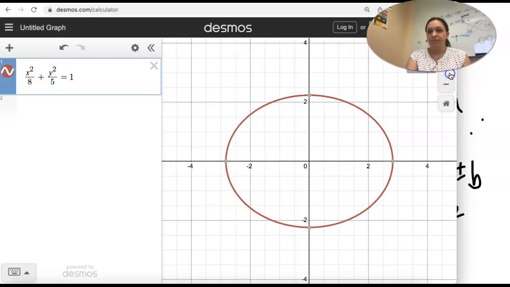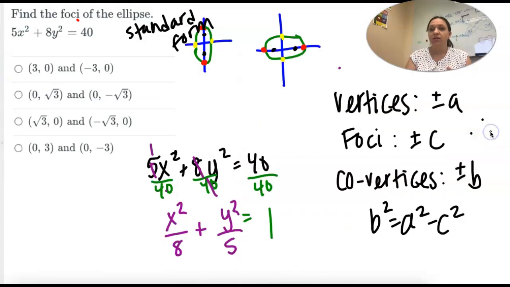So it's actually wider on the x-axis. Here our vertices come out to 2.8. That comes out to 2.2. That is because the number underneath x squared is bigger than the number underneath y squared. That's how you tell which axis your vertices are on. Okay, so the bigger number is a squared, and the smaller number is b squared.